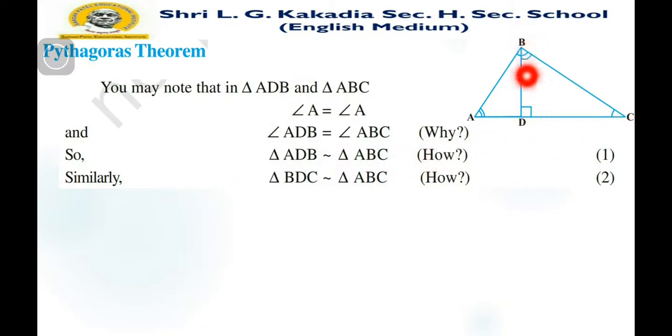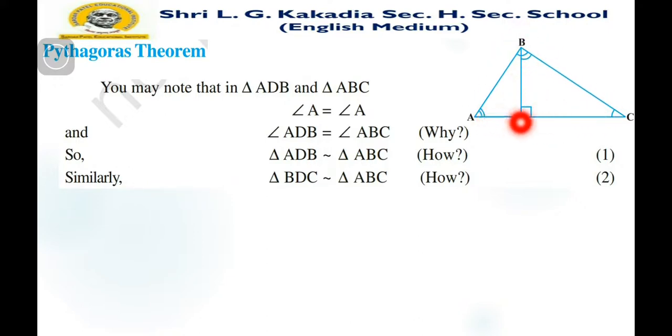Similarly, triangle BDC and triangle ABC are similar, as C is common in both triangles, and angle ABC is 90 and angle BDC is 90.